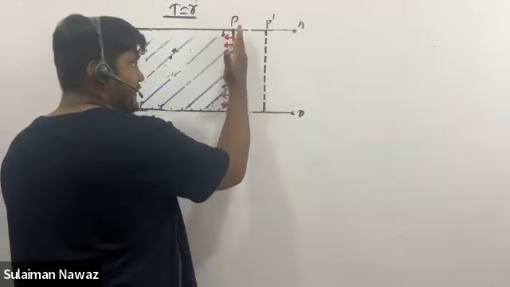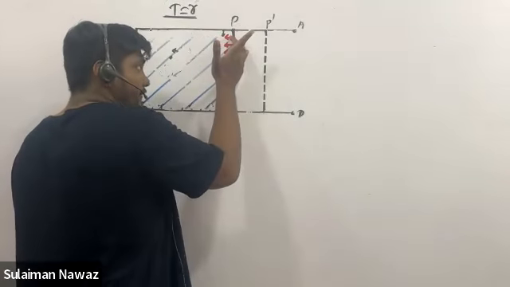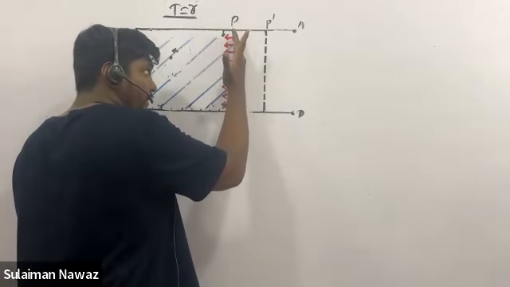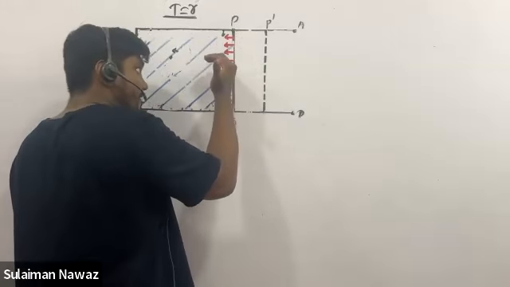Along this PQ wire, there are surface tension forces acting in the left direction.